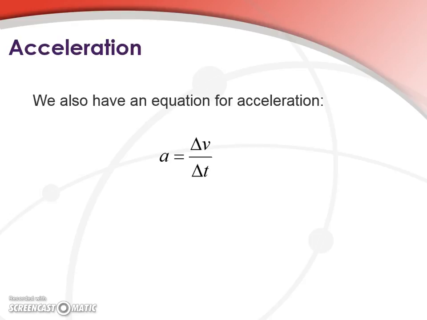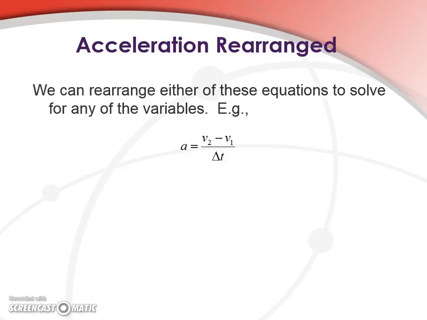Acceleration is the change in velocity over change in time, over the time interval. And of course that can be rewritten as v2 minus v1 over delta t. No great shock. We can rearrange any of these equations as we've done in math class, to isolate for a given variable.